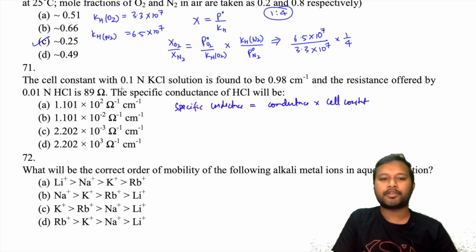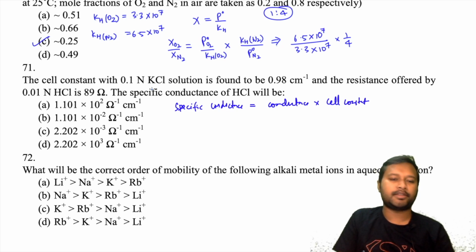Now the cell constant for 0.1 normal KCl solution is given to you, and they are asking you for a 0.01 normal solution. That's what the whole question is all about. So specific conductance is going to be equal to, conductance will be 1 upon resistance, so you can also write it as cell constant divided by resistance.